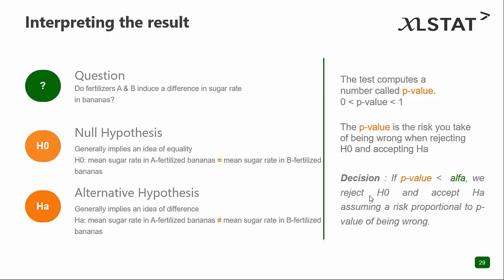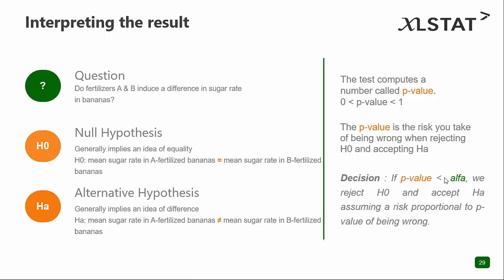It was very small. So in our case, we can reject this null hypothesis, reject the hypothesis of equality between fertilizers, and accept the alternative hypothesis, so the idea of a difference between the two fertilizers, a difference in mean sugar rate.